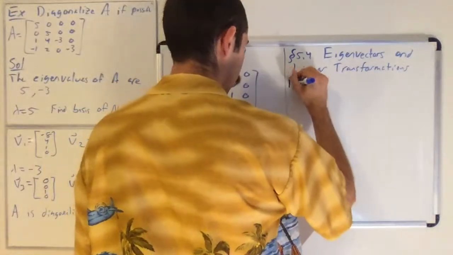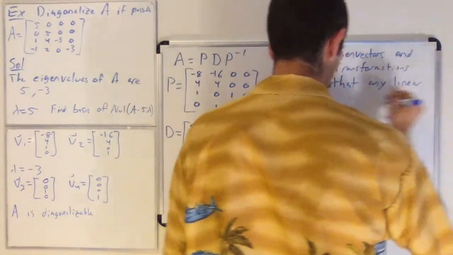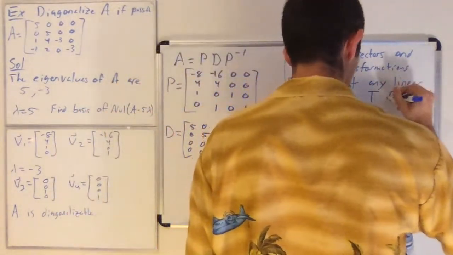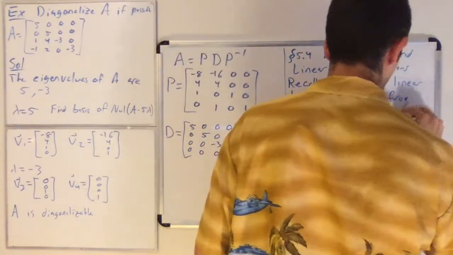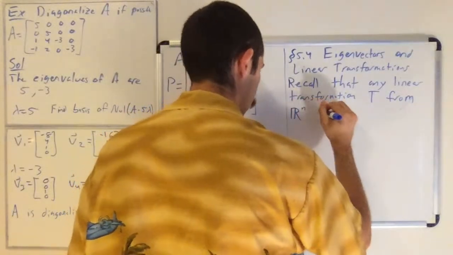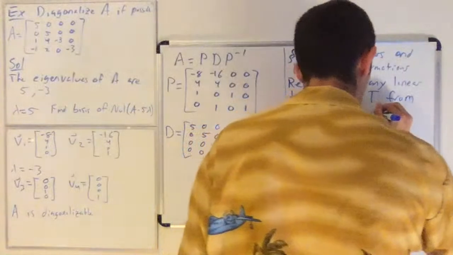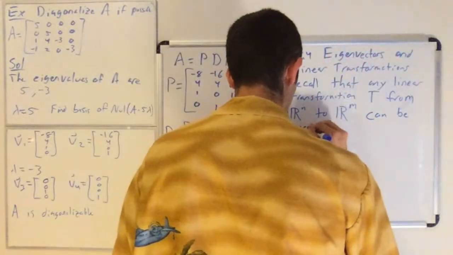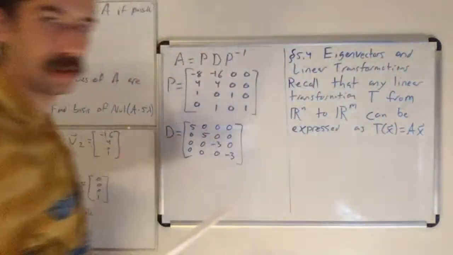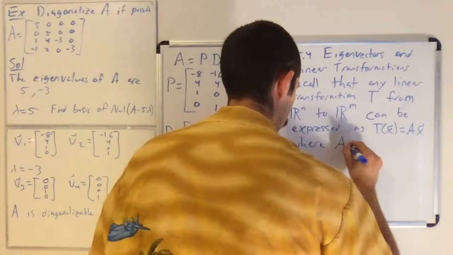So recall that any linear transformation T from Rn to Rm can be expressed as T of x equals Ax, where A is called something.